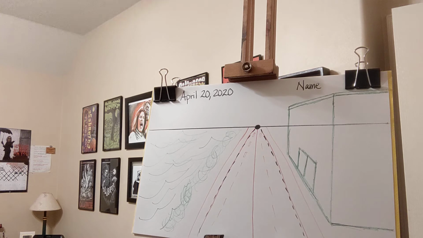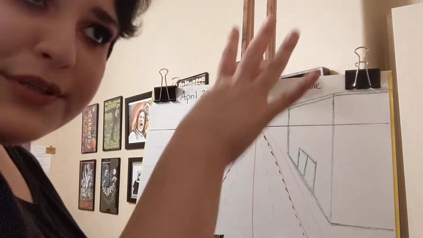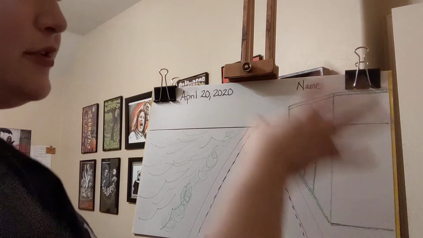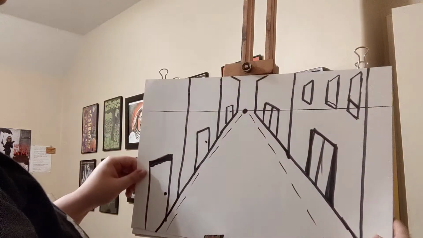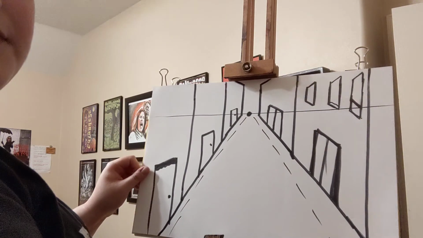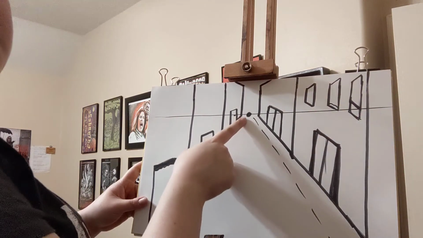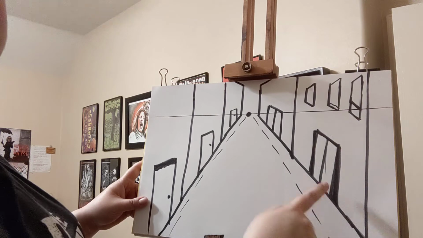Now I have another way that I'll show you real quick that I drew. This is if you want to do buildings that go completely off the page. So it's not going to look like this, but if you just want them to go completely off, here's a good example right here. Okay. So again, horizon line, vanishing point, and the buildings are just coming off the page.